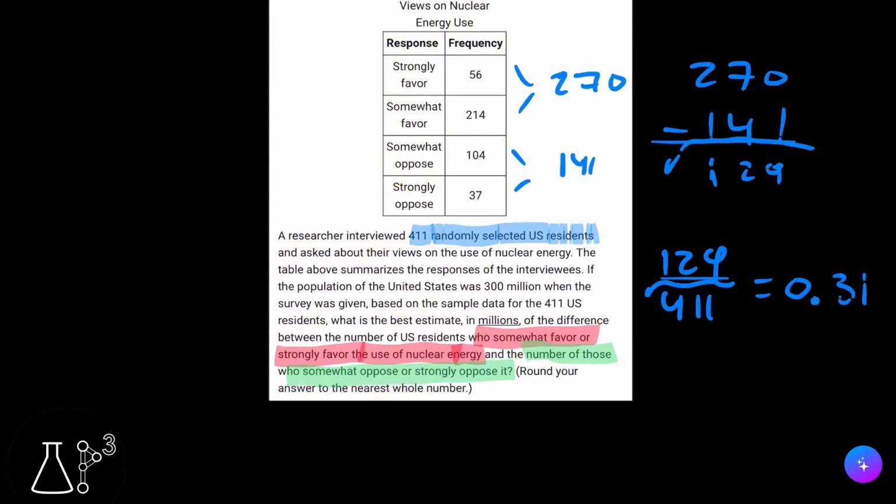With that decimal, I'm going to multiply by 300 million, or 300, to get the best estimate in millions of the difference between people who favor and oppose it. So 0.31 times 300, rounded to a whole number, gives a total of 94 million residents. Therefore, my answer is going to be 94 million.